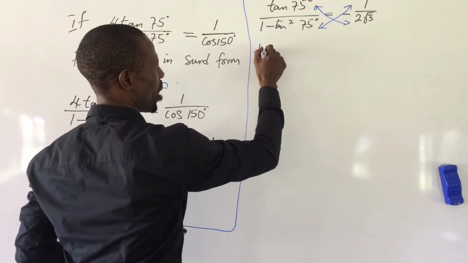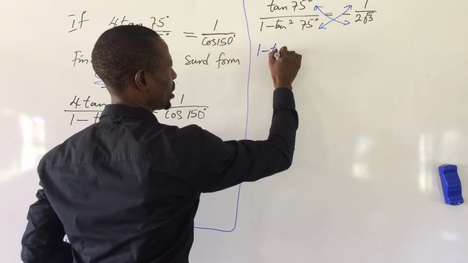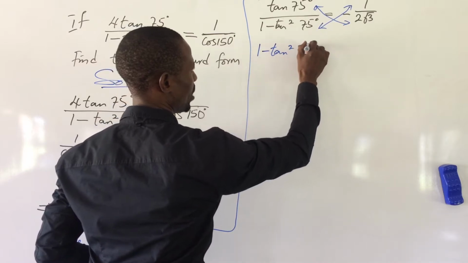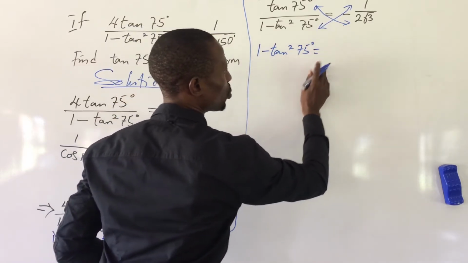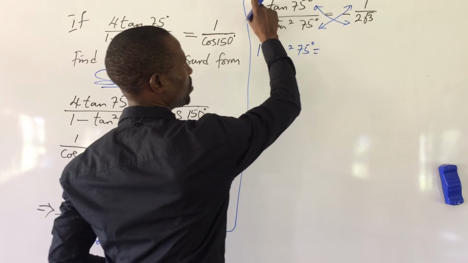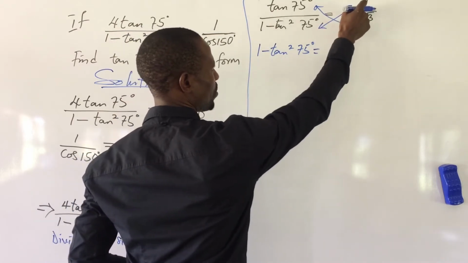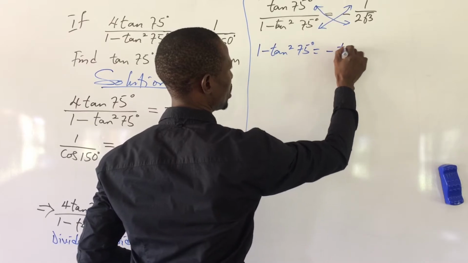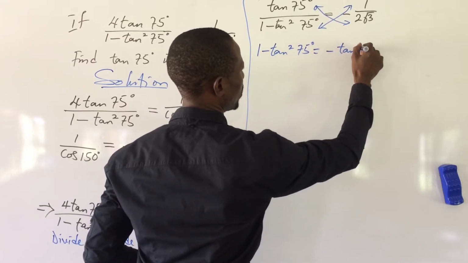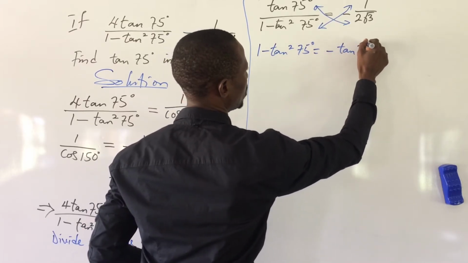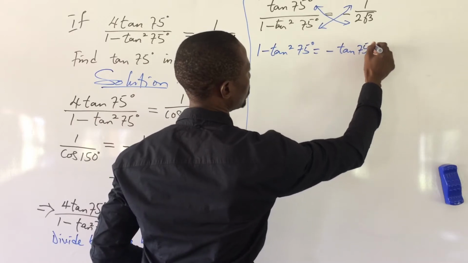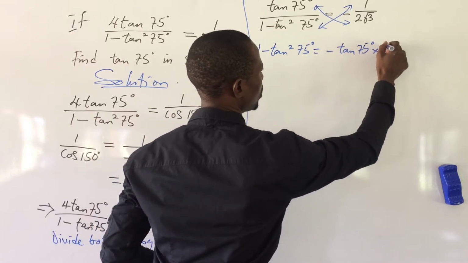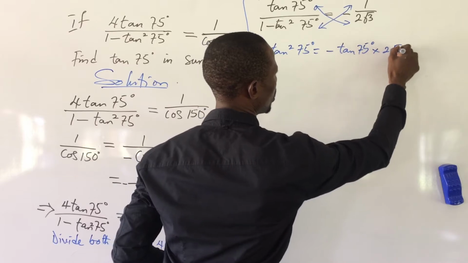So this will give us 1 minus tan square 75 degree equal to, if we use this to multiply this alongside the minus sign, minus tan 75 degree times 2 root 3.